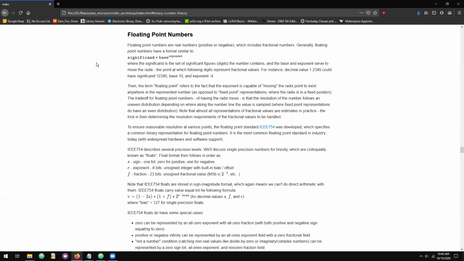So the significand contains the significant figures of the value that you're trying to represent. So let's say we have decimal 2.5. The significand would contain that set of digits 2 and 5, at least in the decimal system. And the base and exponent combination move where you put the decimal point, or more generally, the radix.